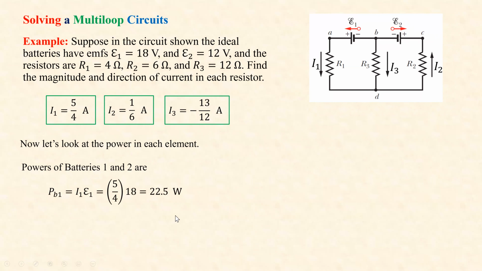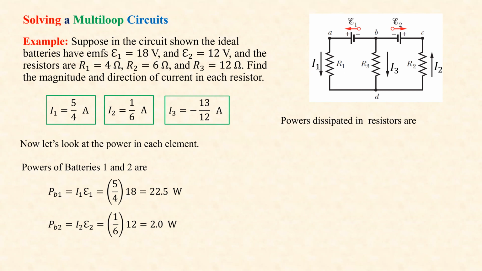That is 22.5 watts. Is that okay? Power of battery 2 is I2 times E2, which is 1/6 times 12. I2 is 1/6 because the current going through the battery is 1/6, and multiply by the EMF of the battery, 12. So it becomes 2 watts.